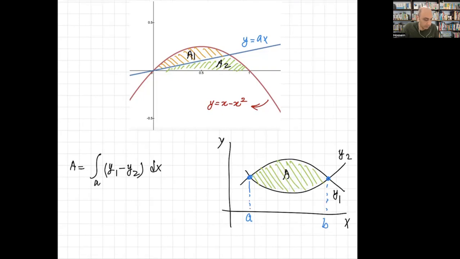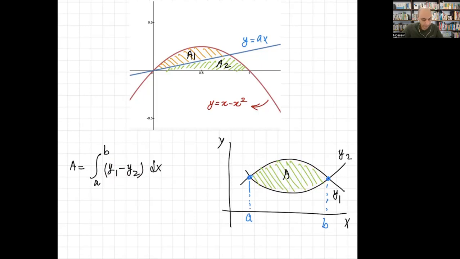The reason that we subtract y2 from y1 is because the values of y1 are larger than the values of y2, and we want the area to be positive. We don't want a negative area. That's why we subtract y2 from y1.